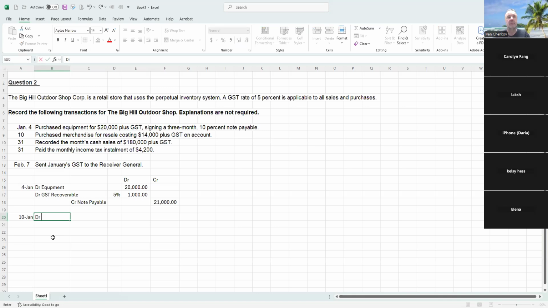Can I go with inventory? Is it acceptable? Merchandising inventory. And how much did I purchase on this one? 14,000. Is that my only debit?